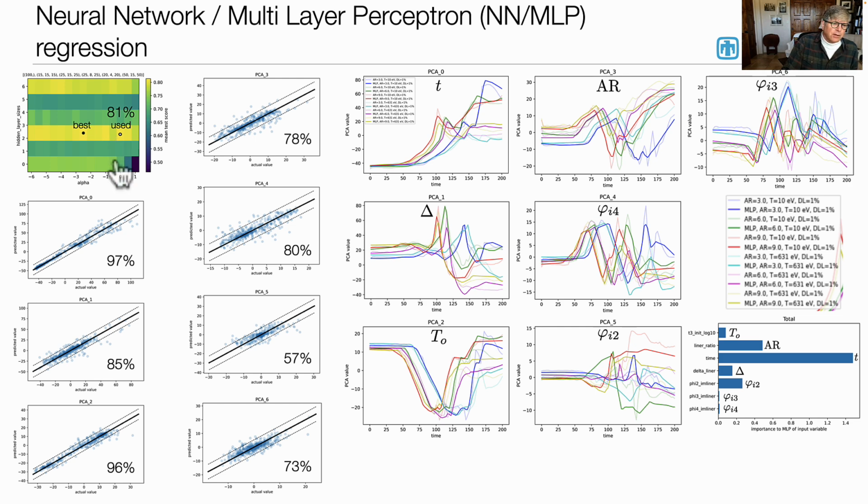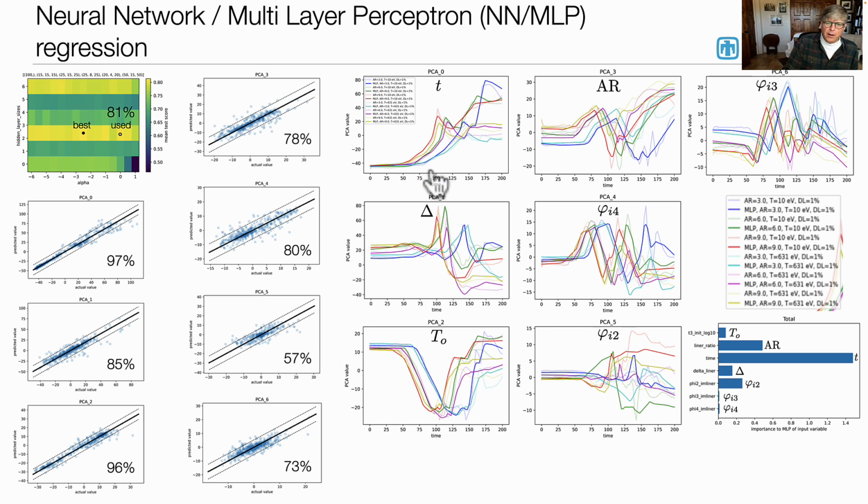regression. You can see that there are no pathologies in terms of nonlinear or multiple branches on any of the predicted versus actual scatter plots. And again, they range from a high correlation coefficient of 97% down to a low of 57%.